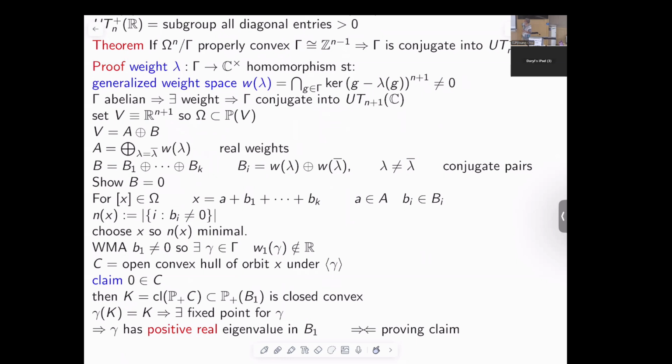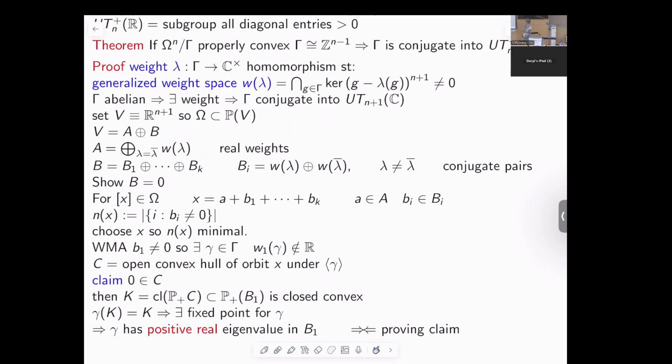If you think about the Jordan normal form, if you take some eigenvalue and you think about the Jordan blocks for that eigenvalue, that's the kernel of the matrix minus lambda times the identity to some large power, the large power being the dimension of the space you're working in. So a weight is a homomorphism of the group into nonzero complex numbers with the property that the generalized weight space isn't zero. And the point is that if this group is abelian, there is a weight. That's an easy argument by thinking about eigenvectors.